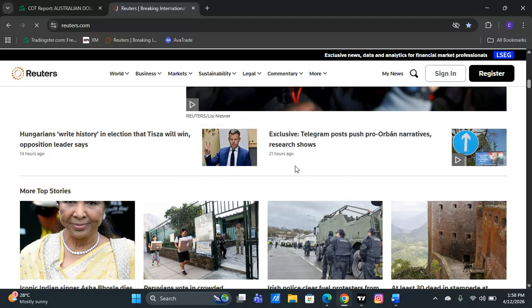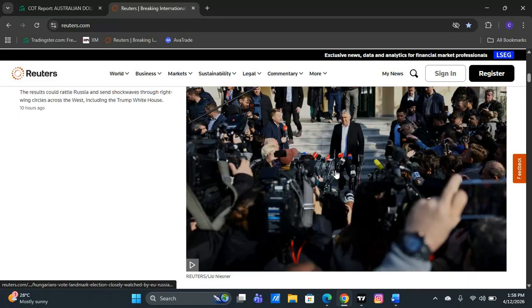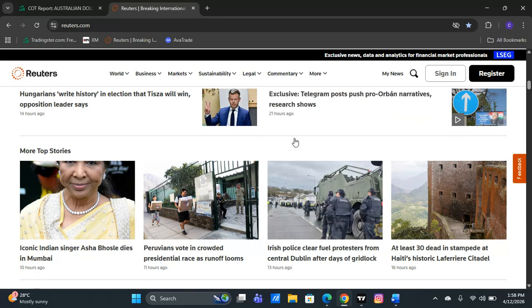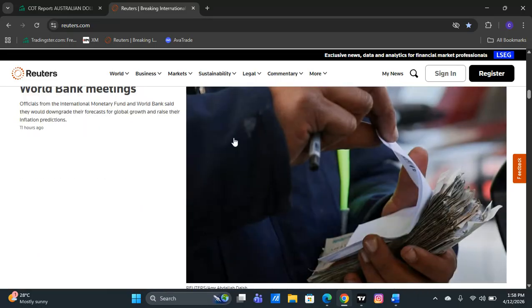And the United States said something like, if Orban wins the elections, the United States will invest in the Hungarian economy. That was Donald Trump speaking. Now, this is geopolitics. It can also be classified as market sentiment. So this is just a combination of market sentiment and geopolitics.